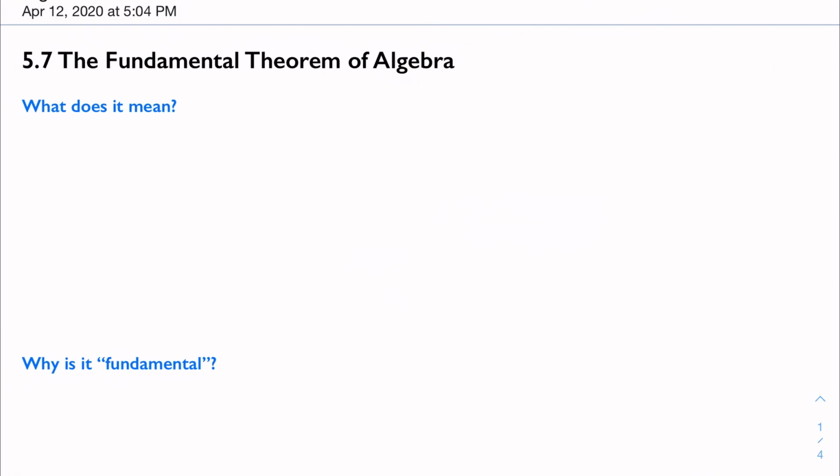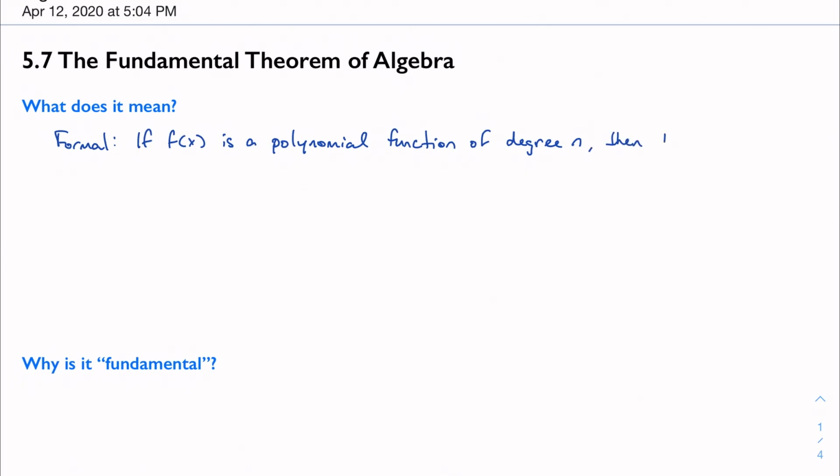It says, kind of formally, that if f of x is a polynomial function of degree n, so some number degree, then the function has n zeros, at least one of which is complex.